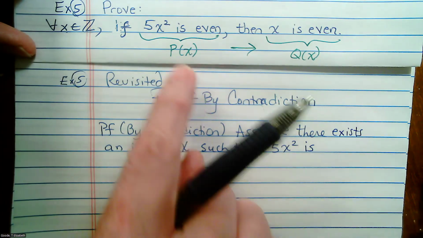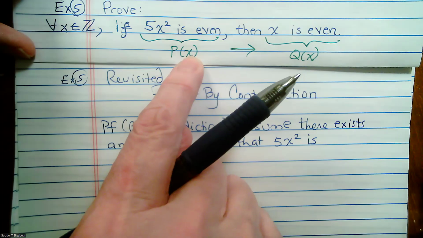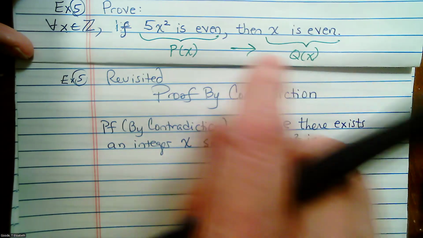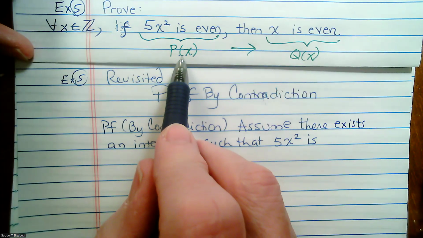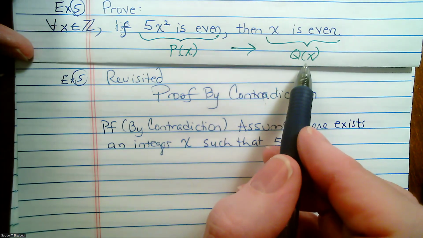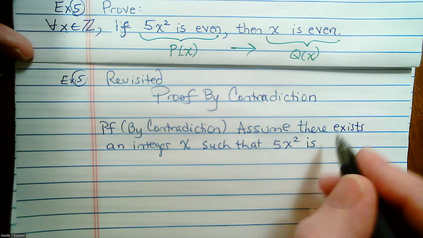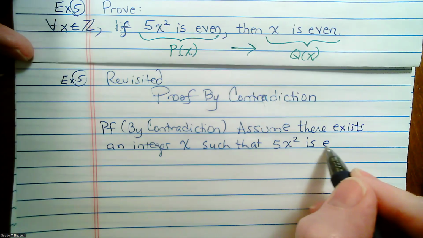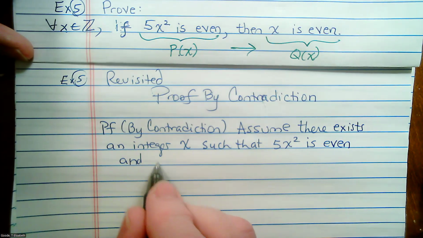Nope, P and not Q. Keep the P, negate the conclusion. Because if P didn't imply Q, then P happened and Q failed to follow. So 5x squared is even, x squared is even, and x is odd.